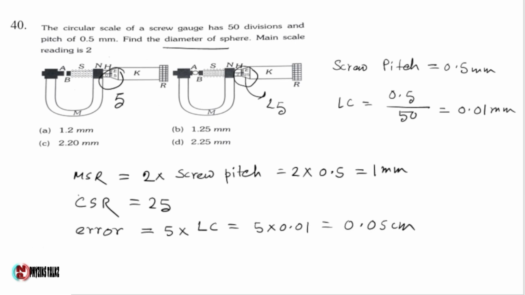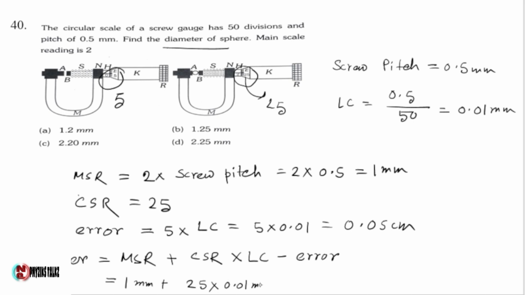So the diameter is given as MSR plus CSR into least count minus error, where MSR is the main scale reading, which is 1 millimeter, plus CSR is 25, least count is 0.01 millimeter and error is 0.05 millimeter, which gives 1.25 minus 0.05 millimeter.